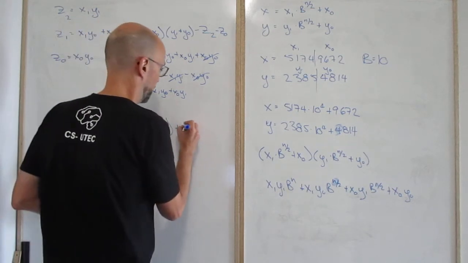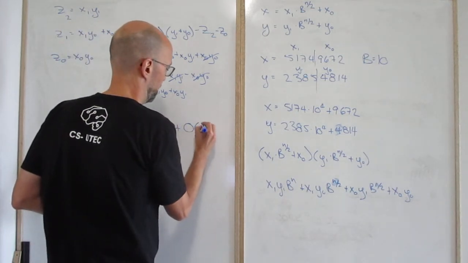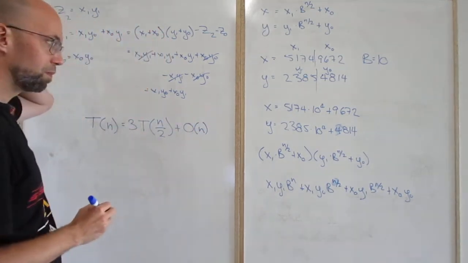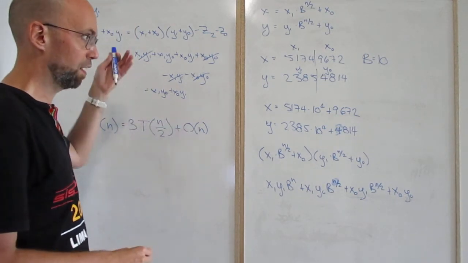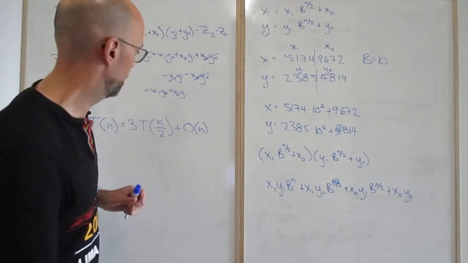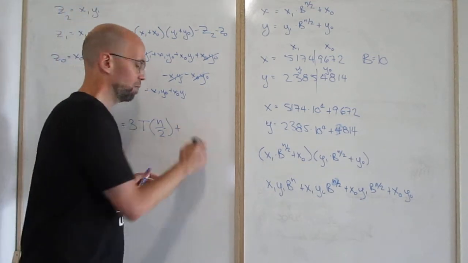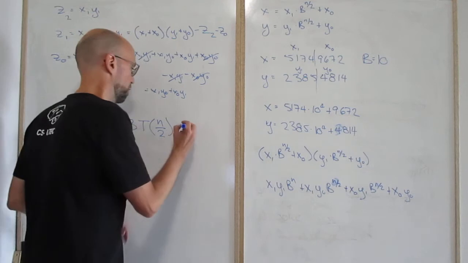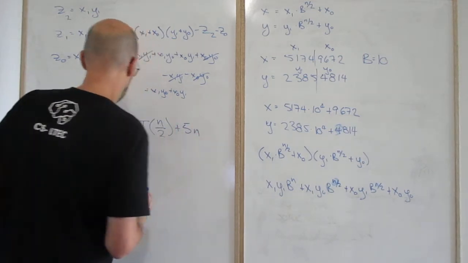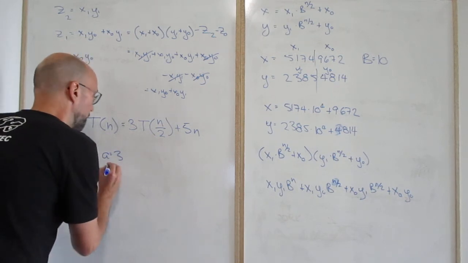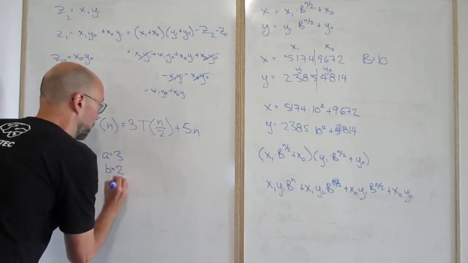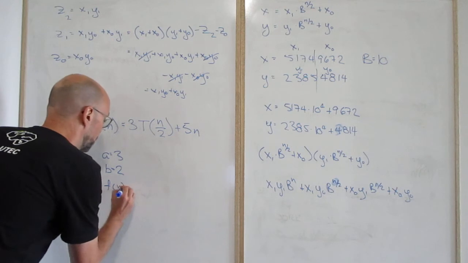So this is going to be some constant times n. We worked this out in class. I'm just going to say 5n. In that case, what is a? a is equal to 3. b is equal to 2. f of n is equal to 5n.